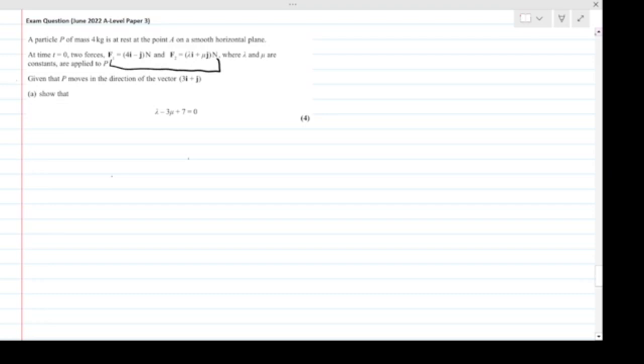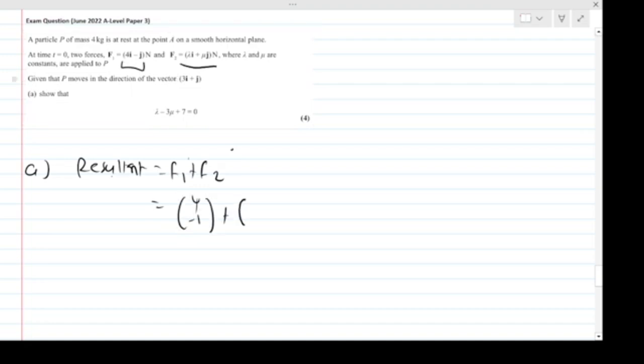The resultant is going to be the two vectors added together, F1 and F2. F1 is 4i minus j, so 4, minus 1. And then F2 is lambda and mu.